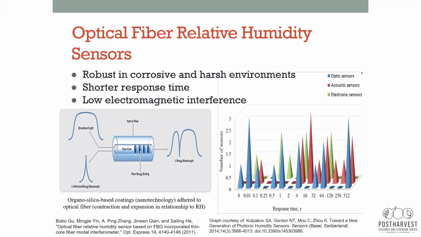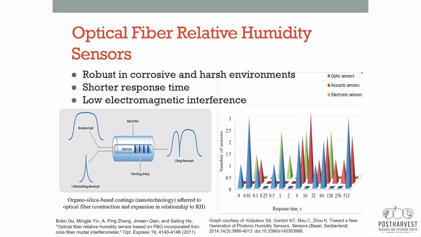Nanotechnology has advanced the development of sensors significantly, and it will continue to make sensors much more efficient, and other technologies as well. In this case, this is an organosilicon-based coating adhered to an optical fiber, and that coating changes its properties depending on the relative humidity. Therefore, through the optical fiber we can detect those changes and they correlate with the different relative humidities.